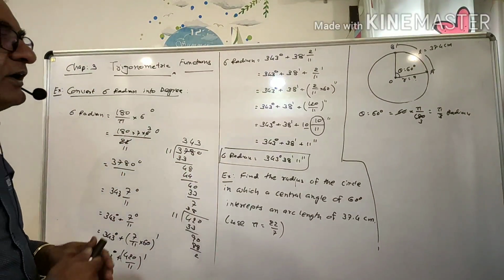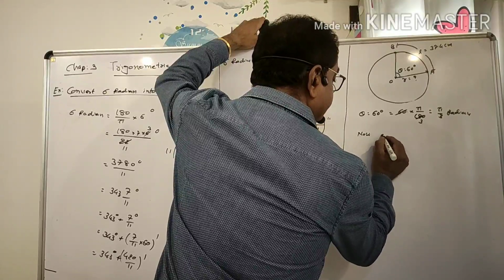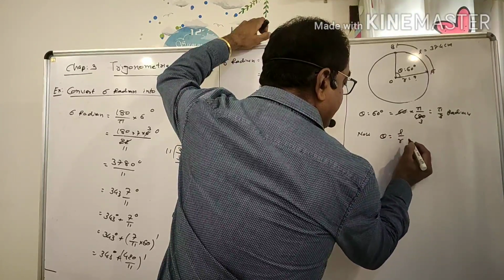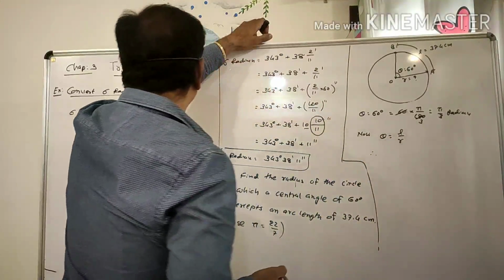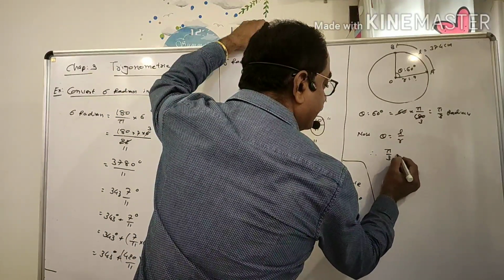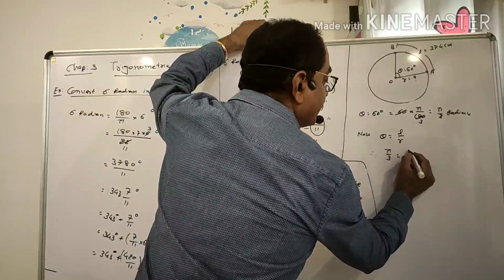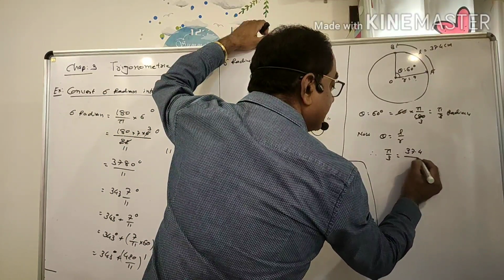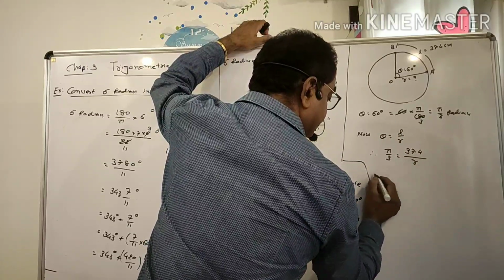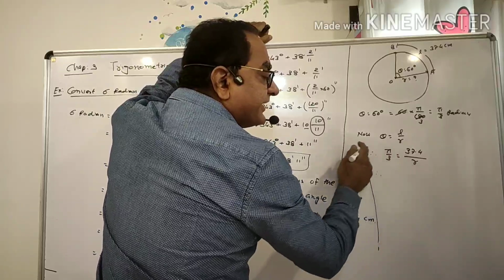Now you can use the formula theta equals L by R. Here theta is pi by 3, L is given as 37.4, that is the arc length, and R we want to find. We can rearrange the terms.